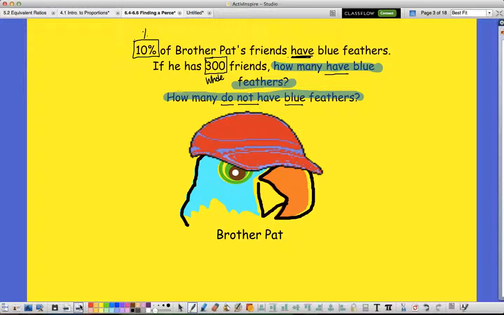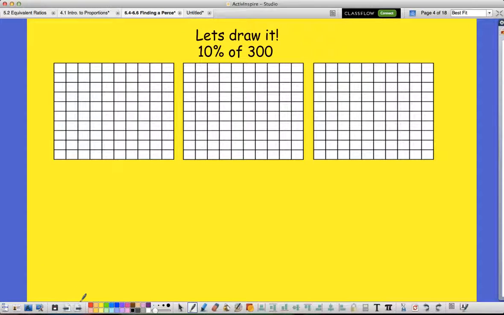All right, so let's look at this as a picture. Right now we're not really focusing on the math behind it, we're focusing on the understanding of what 10% means, because it is a little confusing. So you have to remember that percent means per 100. So if it was 10%, it means 10 per 100.